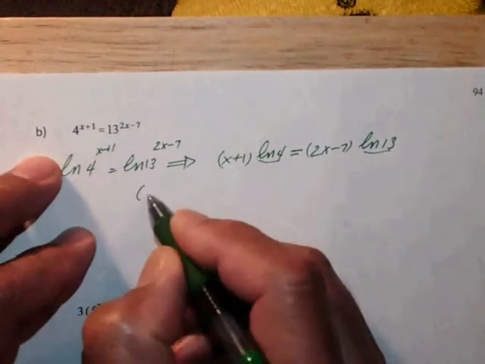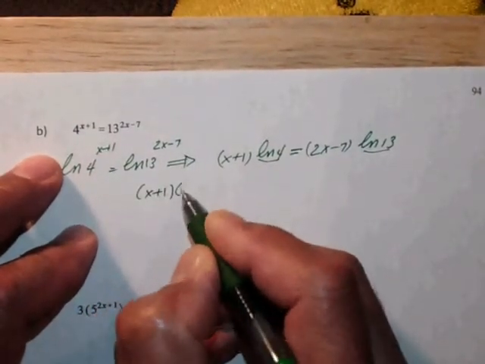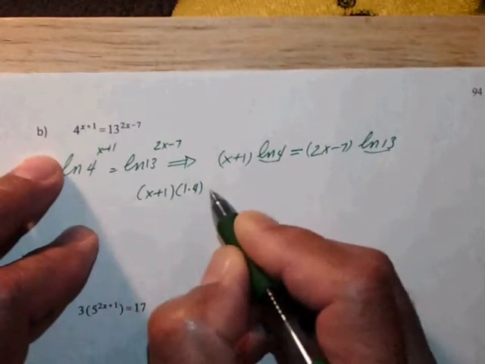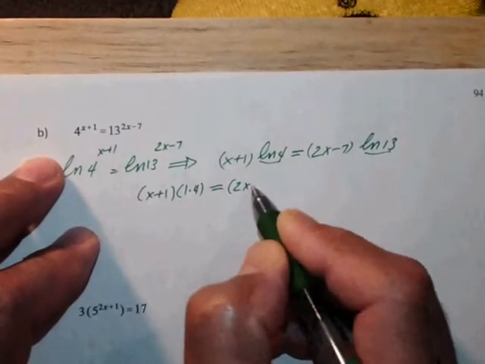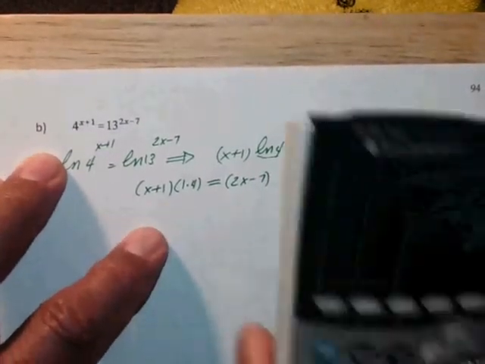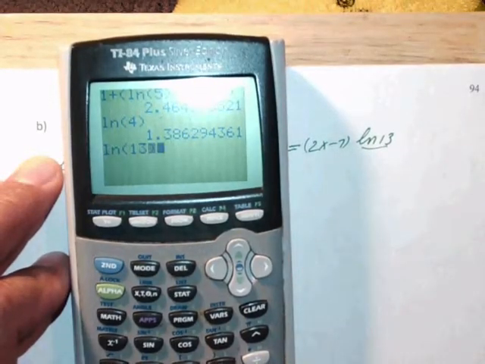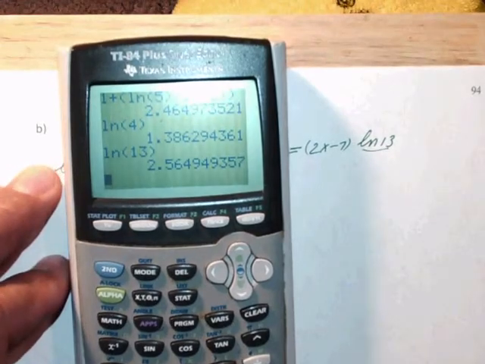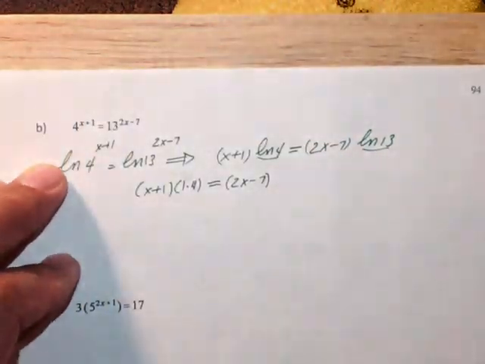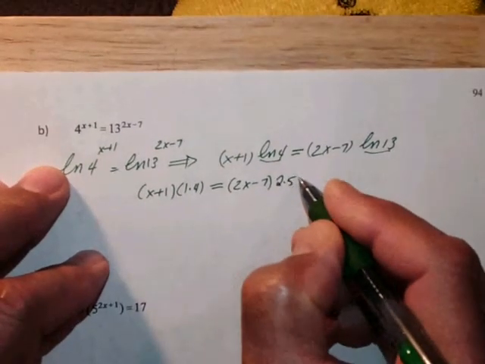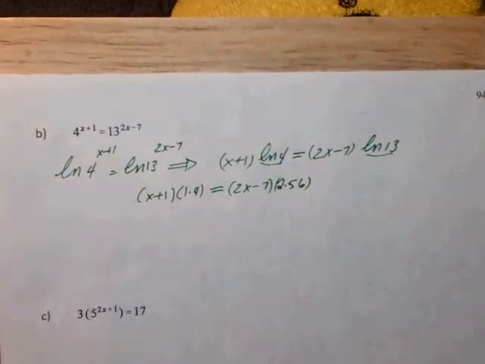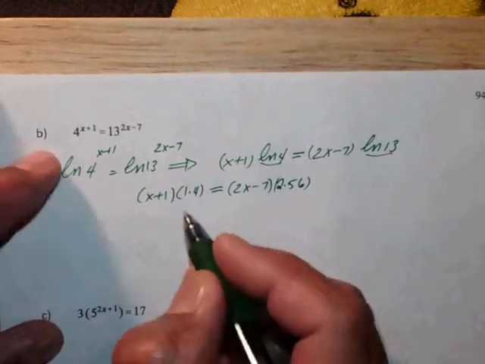So I have x plus 1 times 1.4 is equal to 2x minus 7 times log of 13. What is log of 13? ln of 13 is about 2.56. You see?